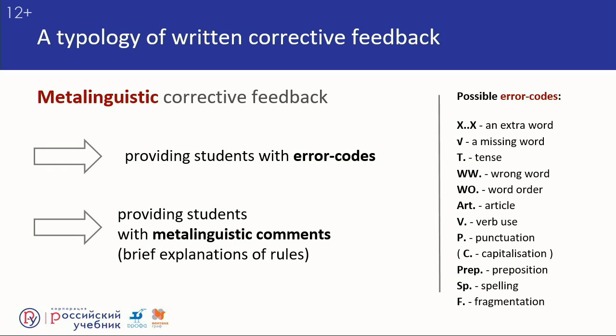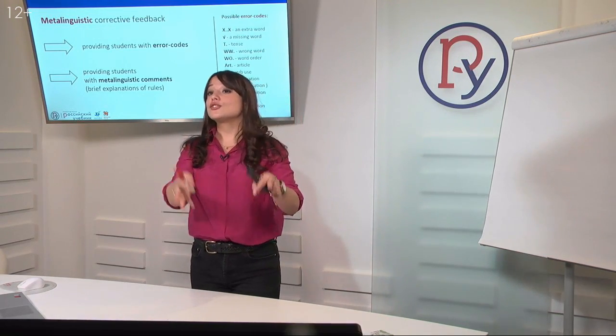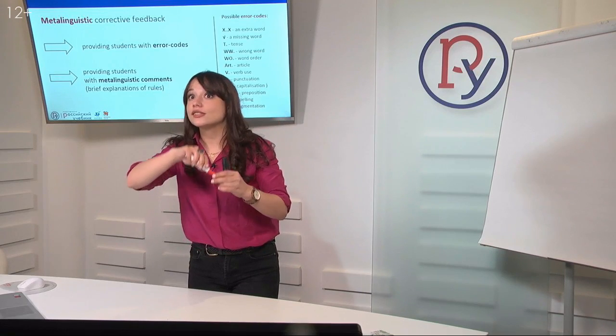We can do it with the use of different error codes, right? I've given you here the most common and widely used types of error codes, but honestly, you can come up with your own error codes. The only thing is that you should make sure that your students are aware of what your little symbols mean.